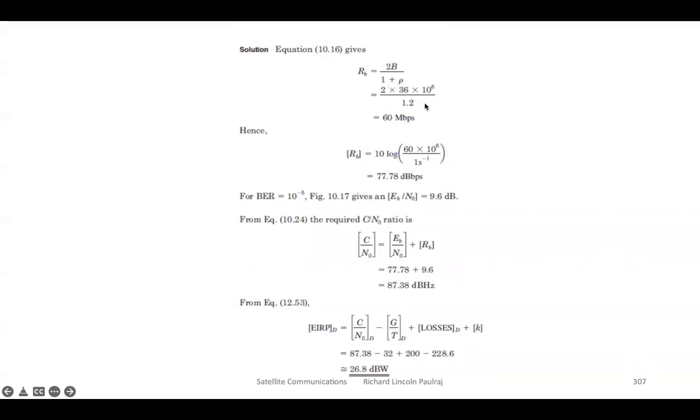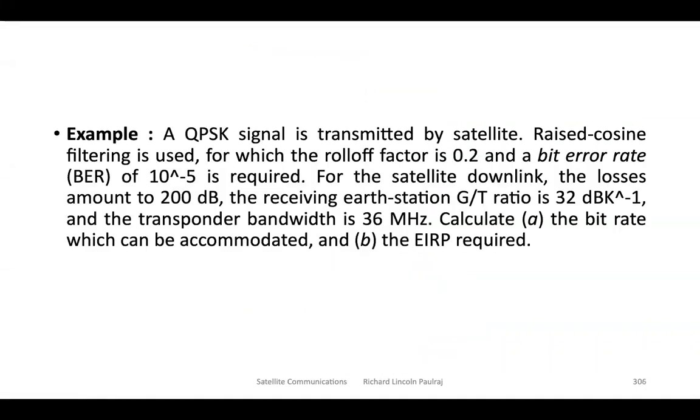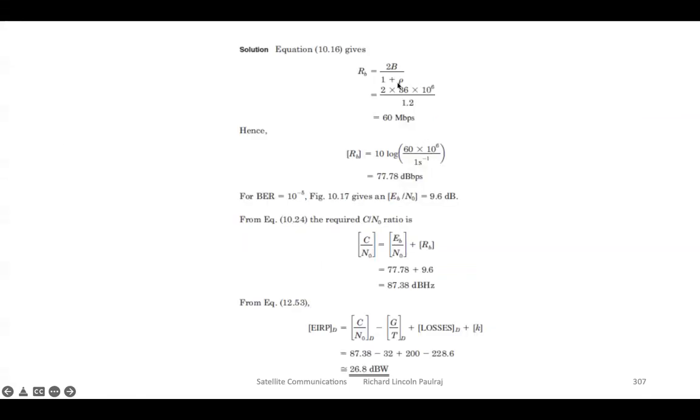Okay, 1 plus the roll-off factor. Roll-off factor was about 0.2, right? 1 plus 0.2, so it gives me 1.2. So this gives me 60. Now if I have to do a conversion, 10 log, Mbps, so 10 raised to 6 per second, so I bring that second down.